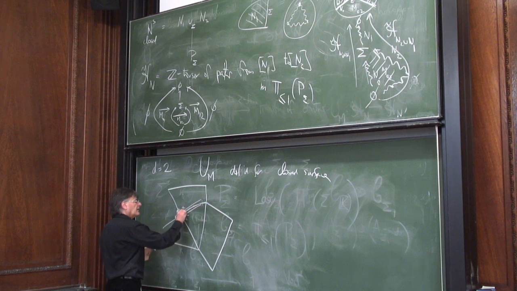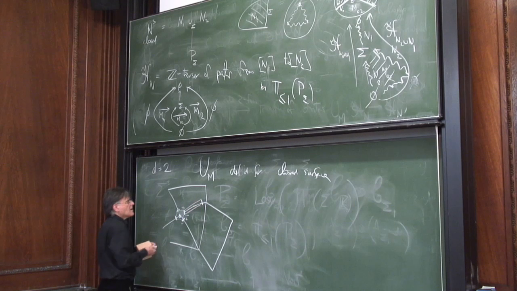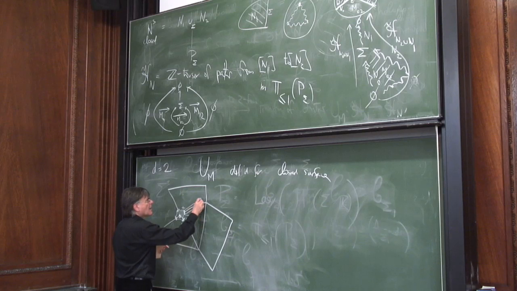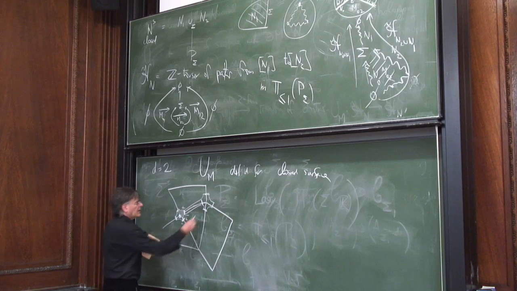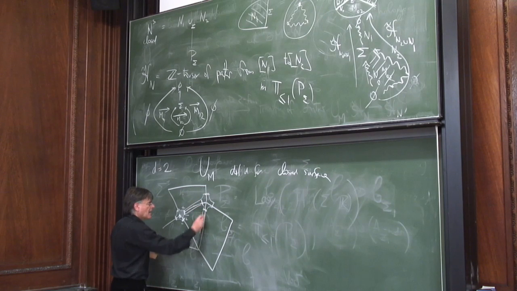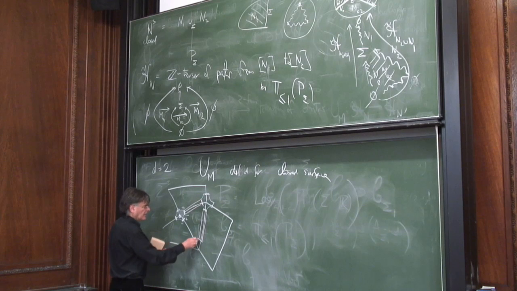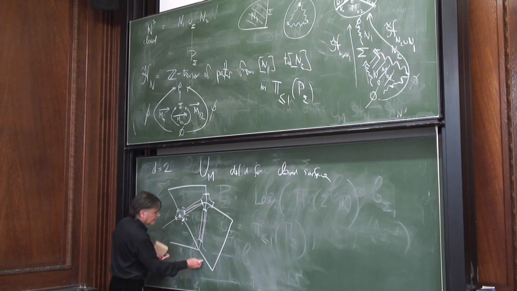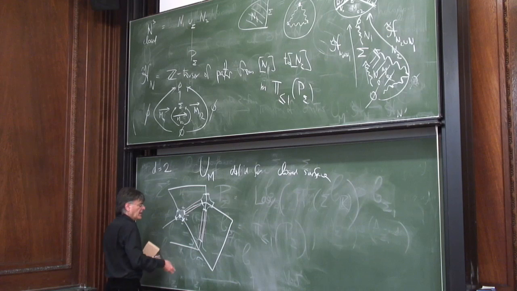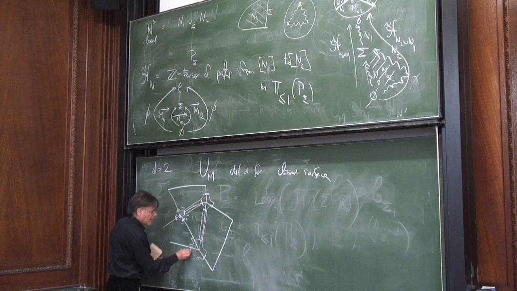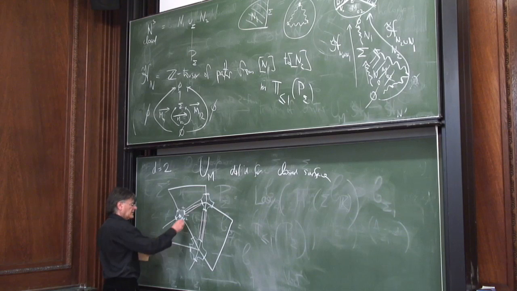So the white ones can be these. Then we'll have some red ones coming to a white, and then there'll be some blue ones, more white ones, and red ones like this.